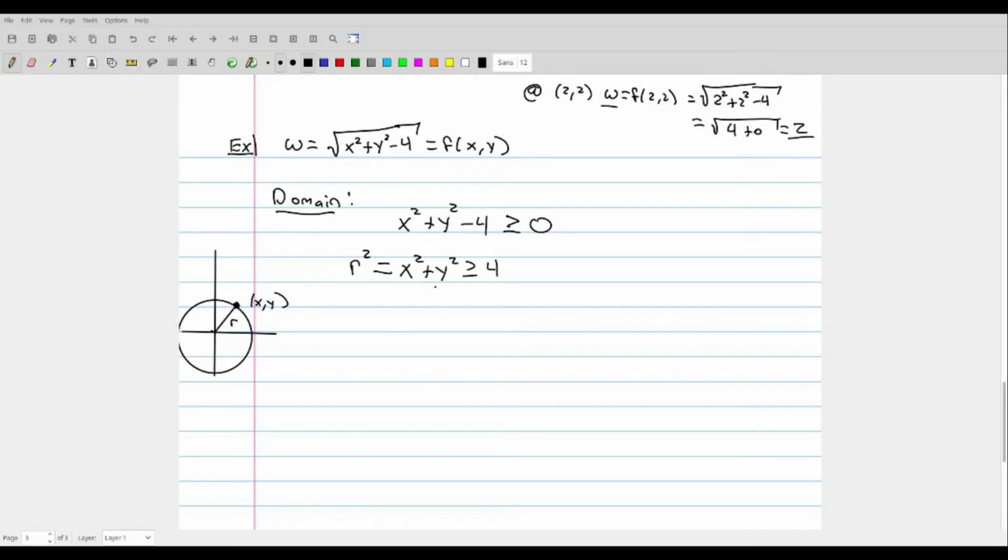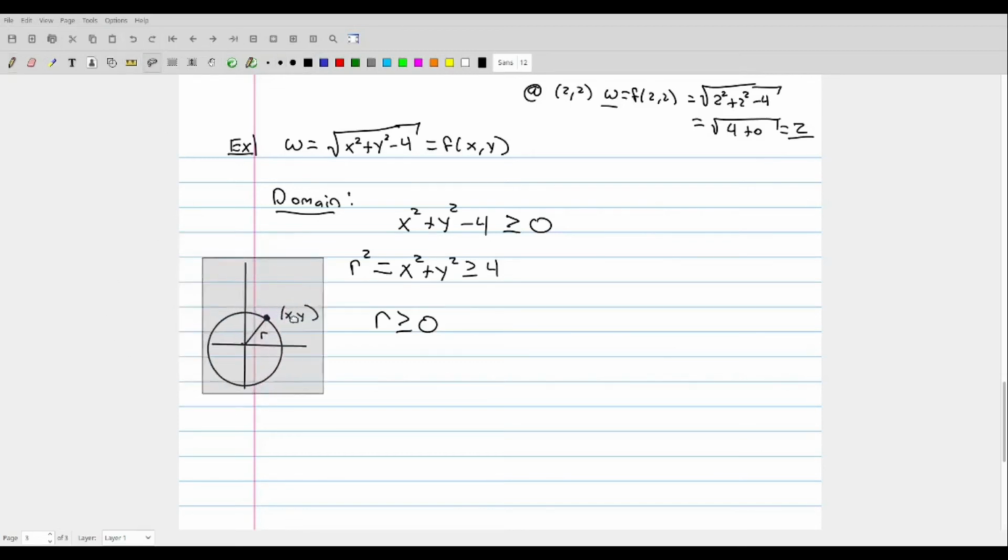So the condition we have, because 4 is the same thing as 2 squared, is that r, the radius from the origin, has to be greater than or equal to 2. Sorry, this should not be 0, but 2. We get this by taking the square root of both sides of this inequality.